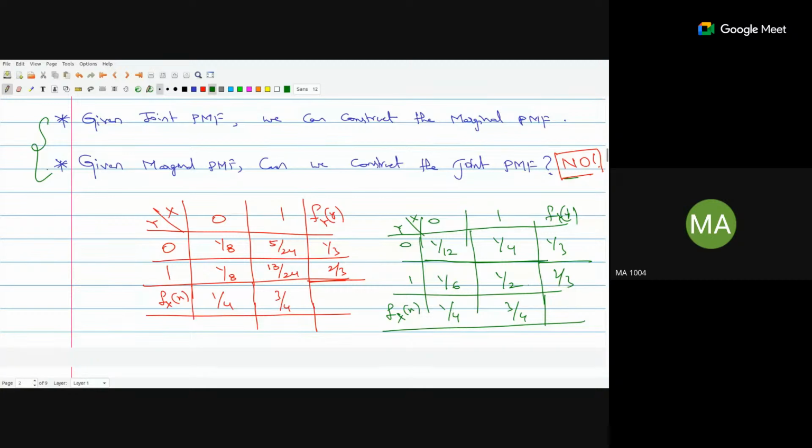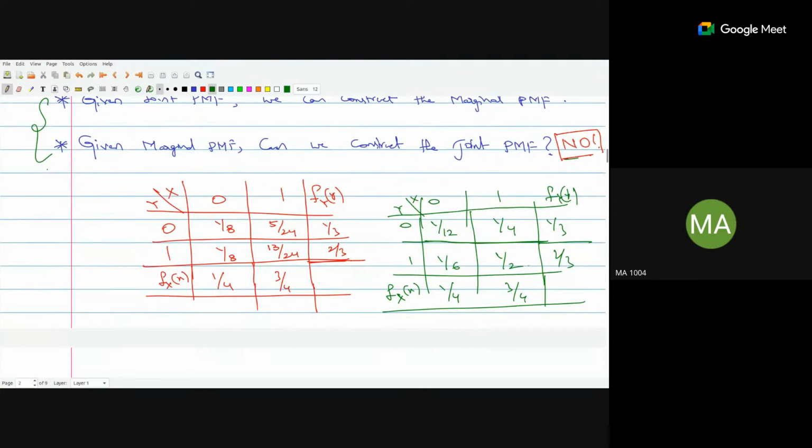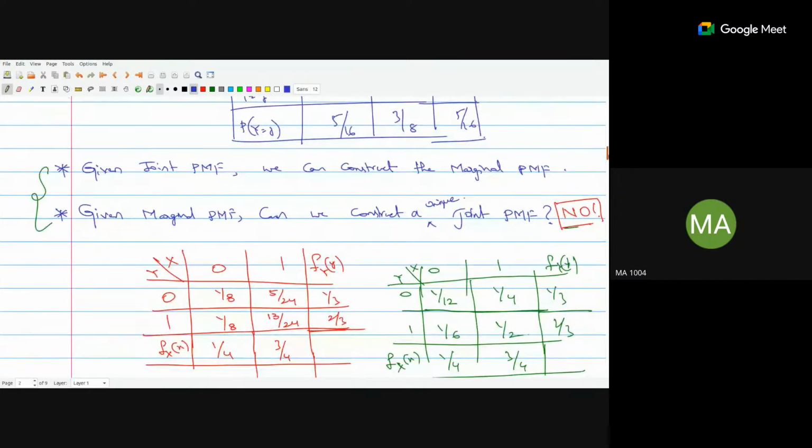You can construct a joint PMF, but it will not be unique. There are multiple joint PMFs possible for particular marginals.